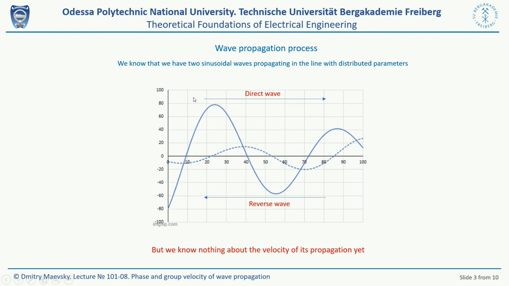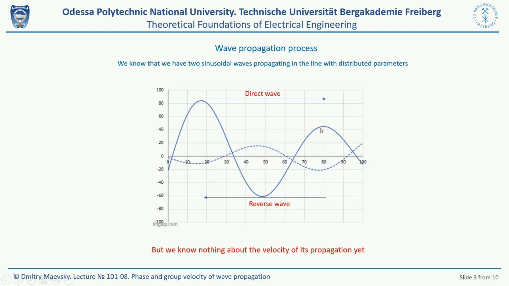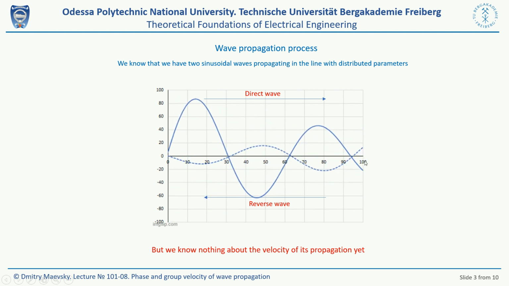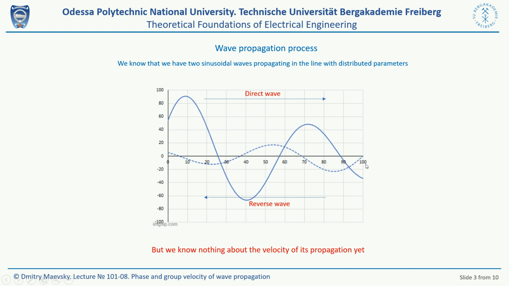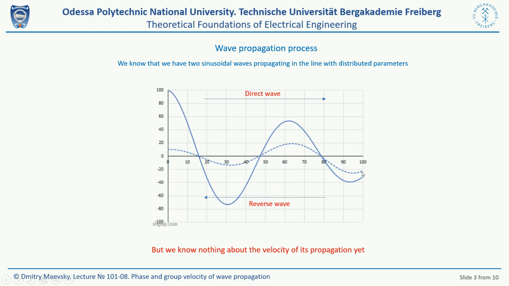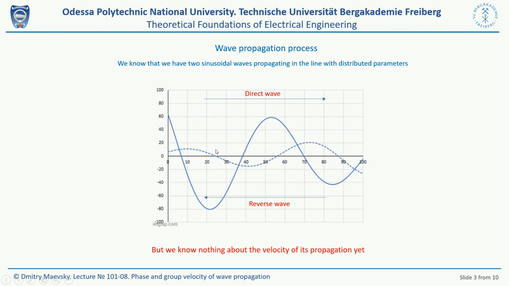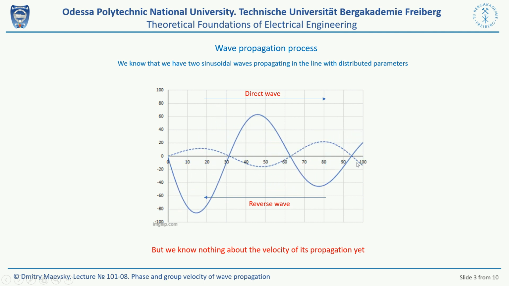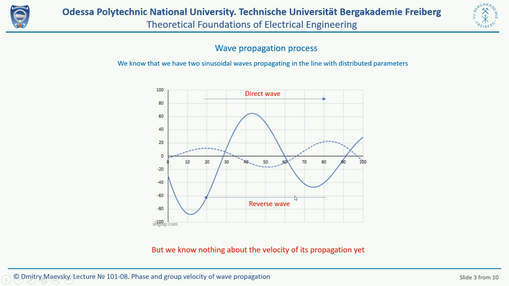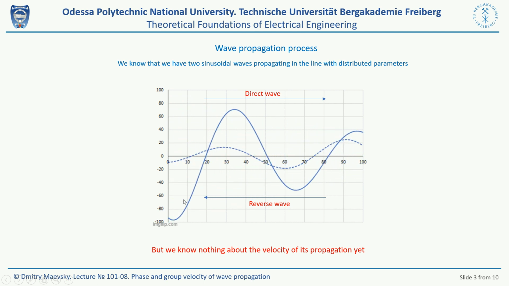A direct wave spreads from the beginning of the line towards its end. When this wave reaches the end of the line in which the load is connected, its reflection occurs. The wave seems to be reflected from the end of the line and begins to move in the opposite direction to the beginning of this line.